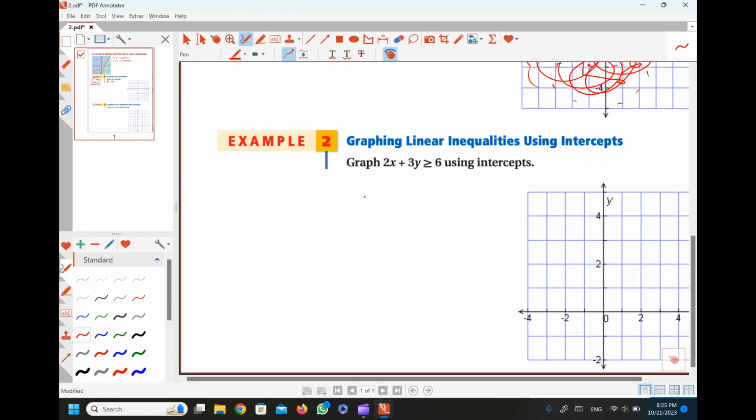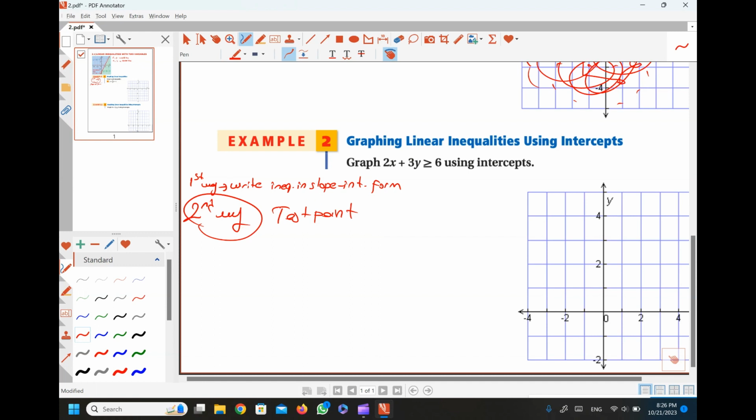So in this question, the inequality is not given in slope-intercept form. So you either use the first way, write your inequality in slope-intercept form, or the second way, we use a test point to decide what region to shade.